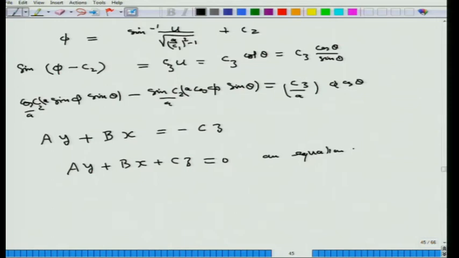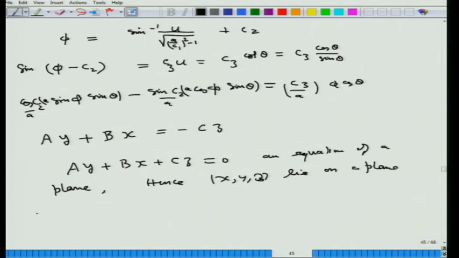equation of a plane, that is hence x y z lie on a plane as well as on the sphere x square plus y square plus z square equal to a square.